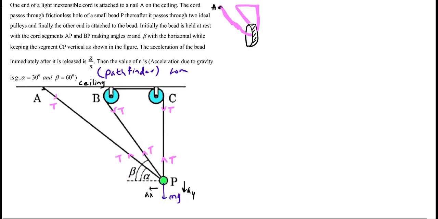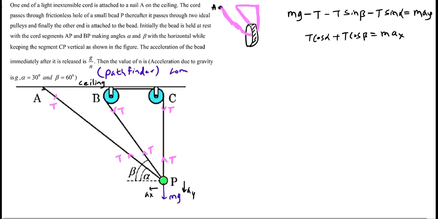Then the equations will be: along the y-axis, mg minus T sin beta minus T sin alpha equal to m ay. Along the x-axis, T cos alpha equal to m ax.